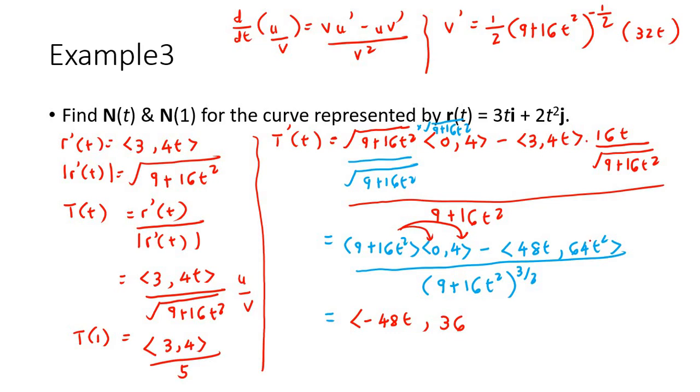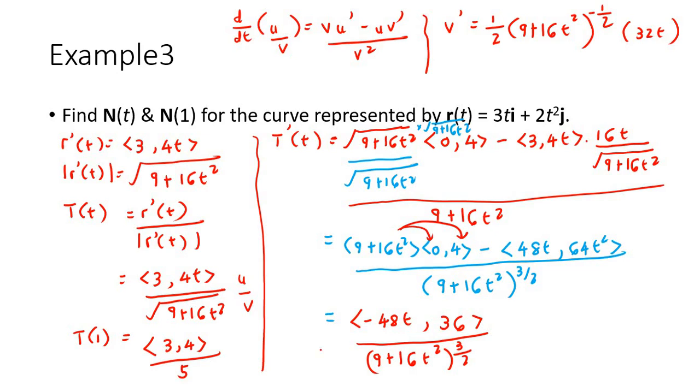Minus this 64t squared, so you are just left with 36j divided by 9 plus 16t squared power 3 over 2. So this is T prime of t: negative 48ti plus 36j divided by 9 plus 16t squared power 3 over 2.